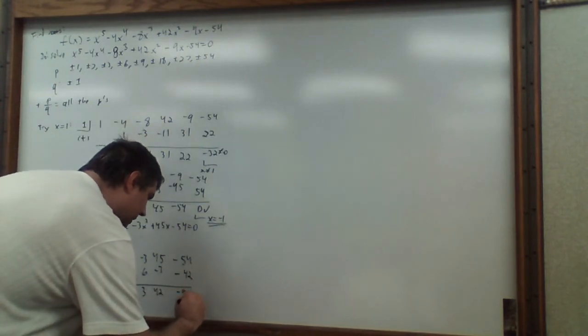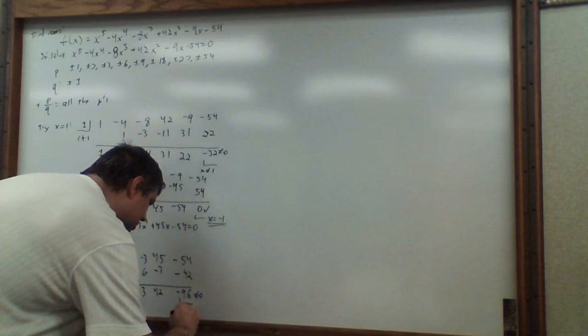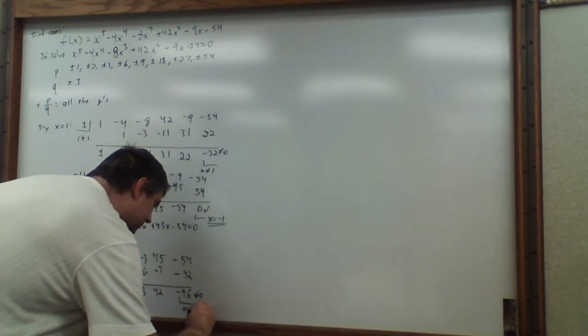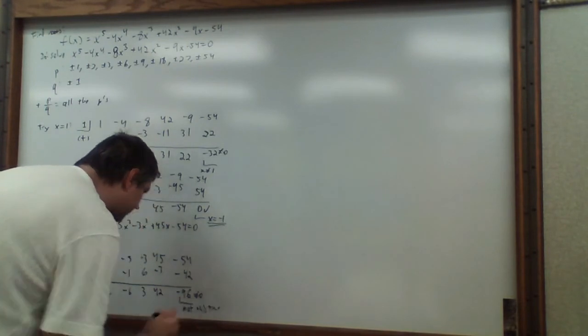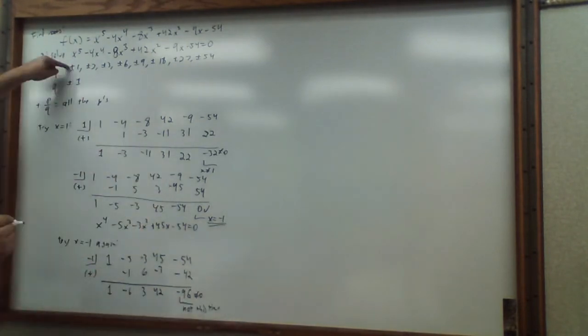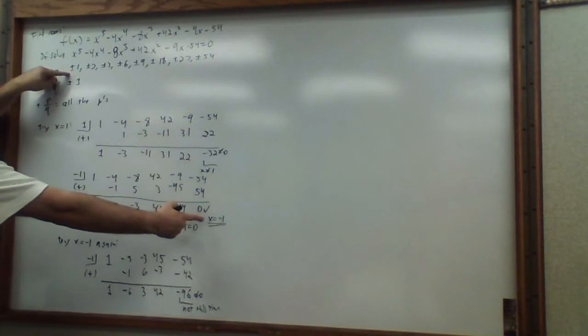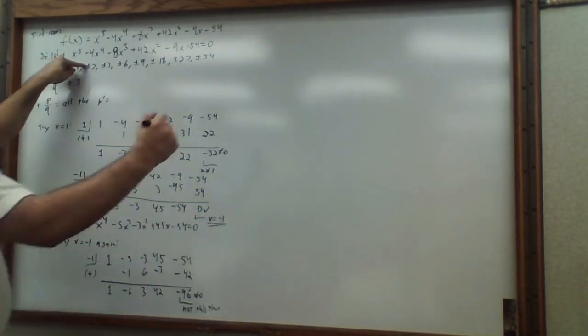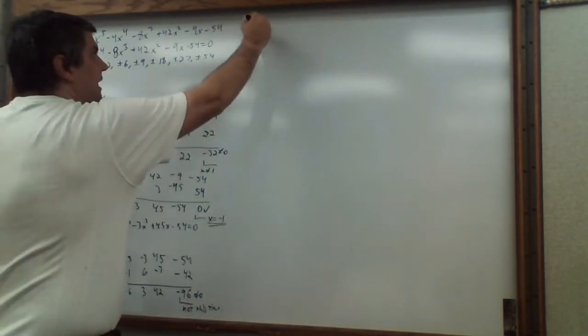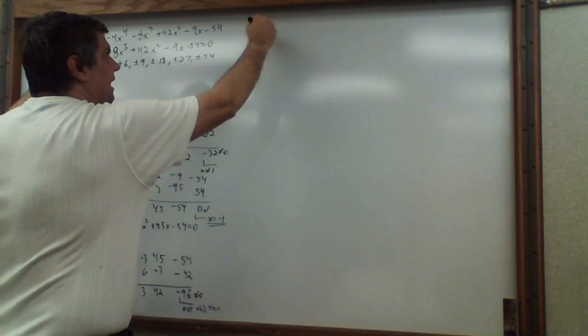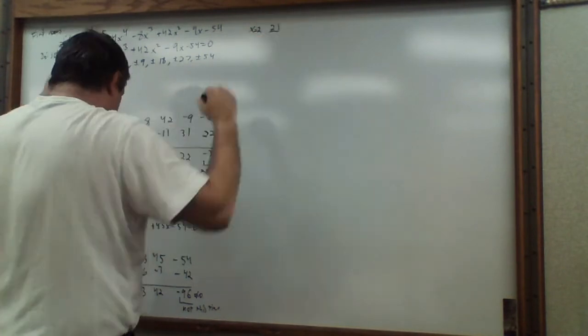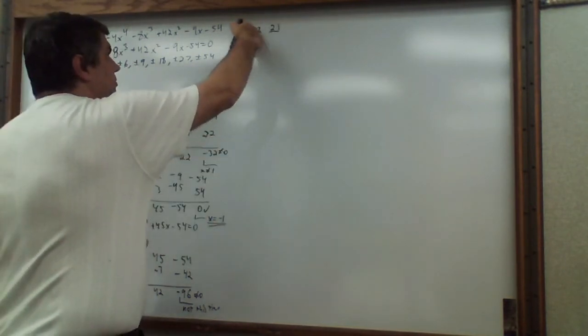So not this time. 1 is out, it failed the first time. Negative 1 was a root once, but it failed the second time, so now 2 is the next candidate. So we'll try x equals 2.